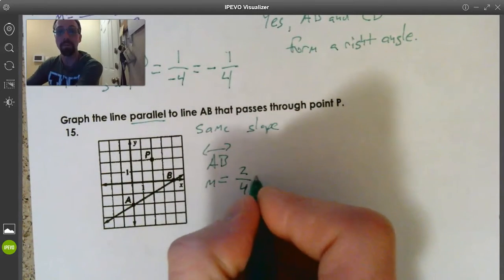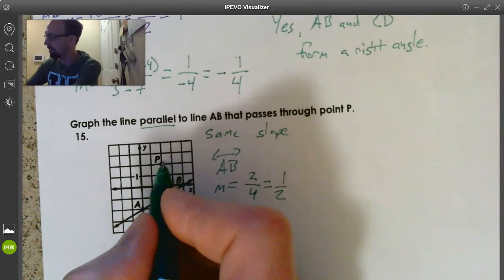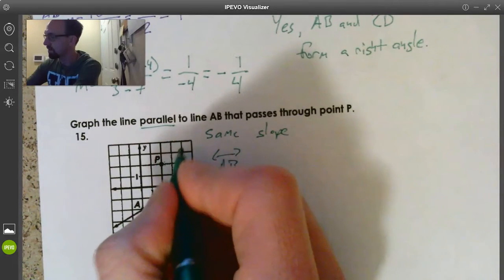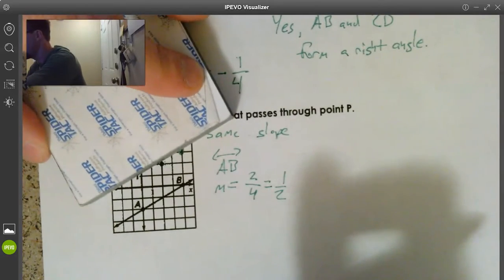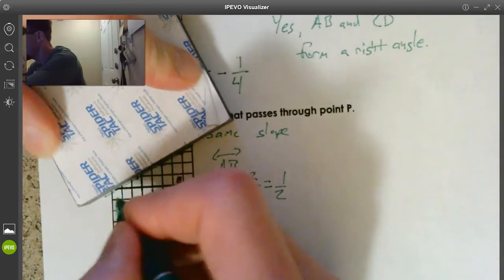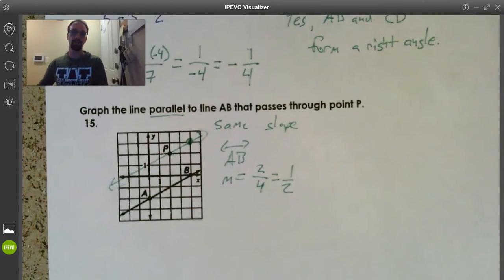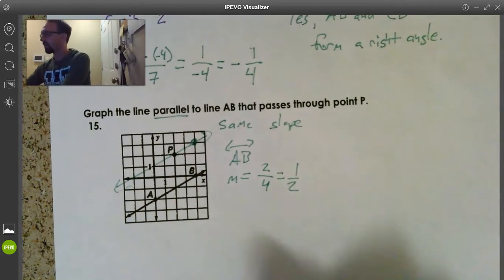So 2 over 4, that reduces. So that slope is 1/2. So that means I also need to have a slope that is 1/2 here. So I'm going to go up 1 and then to the right 2. And then I can connect these using a straight edge. And then I have a parallel line that passes through point P following the same slope.